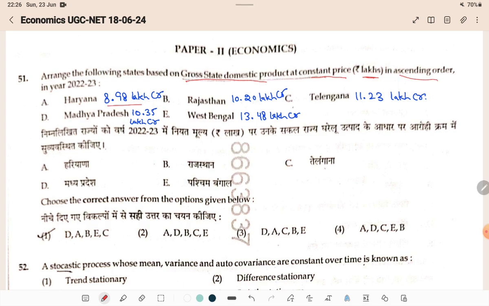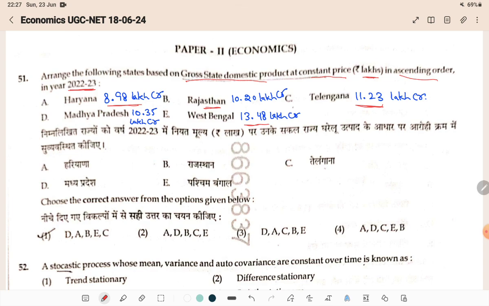Haryana's GSDP at constant price in year 2022-23 is 8.98 lakh crore, and Rajasthan was 10.20 lakh crore, Telangana 11.23 lakh crore, Madhya Pradesh (MP) 10.35 lakh crore, and West Bengal 13.48 lakh crore.